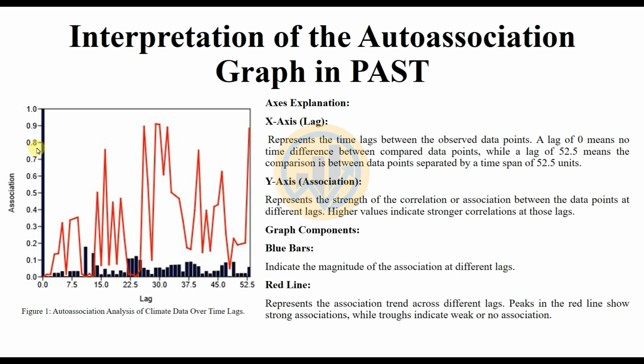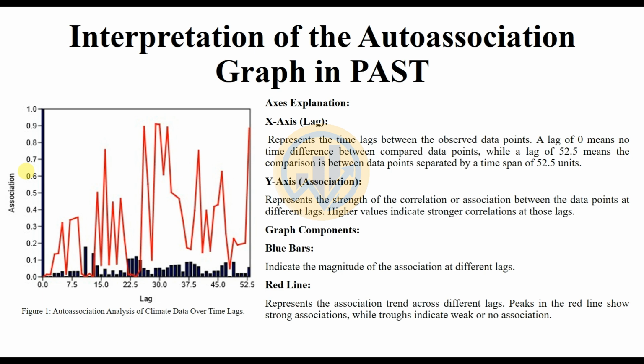The y-axis of the autocorrelation represents the strength of the correlation between the data points at different lags. A higher value indicates a stronger correlation at those lags.